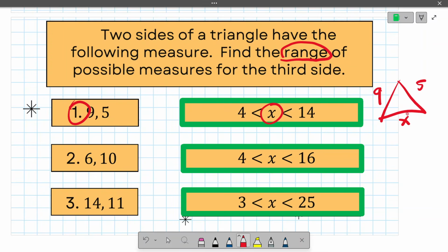Now, to get this x, ang kailangan lang natin gawin ay to get the minimum, which is by subtracting the two sides, no? 9 minus 5, that will give you 4. And then to get naman the maximum, we are going to add the 2 lang. 9 plus 5, that will give you 14.